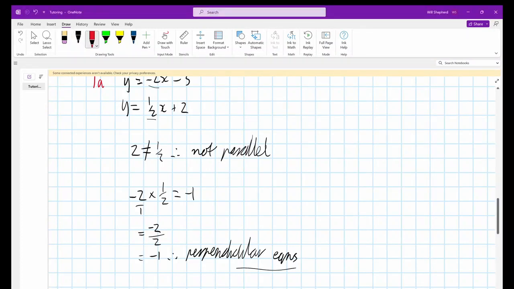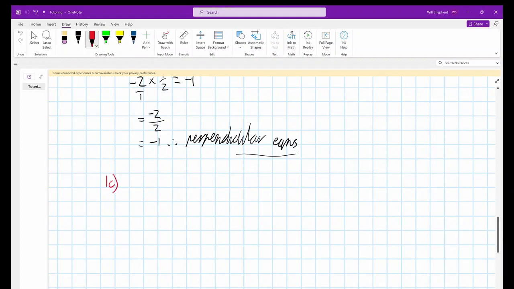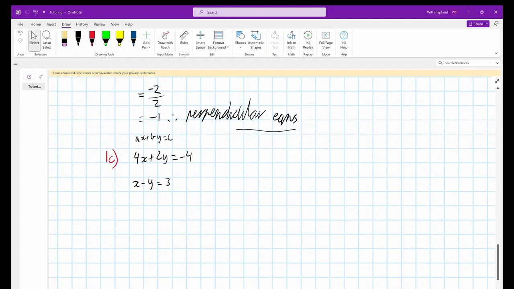Okay, every second question, doing 1c now. In 1c, we have the equations 4x plus 2y equals -4, and we also have the equation x minus y equals 3. These are in the intercept form, which is ax plus by equals c. And we know from past chapters that the gradient, when we do it in this form, is going to be -a over b.